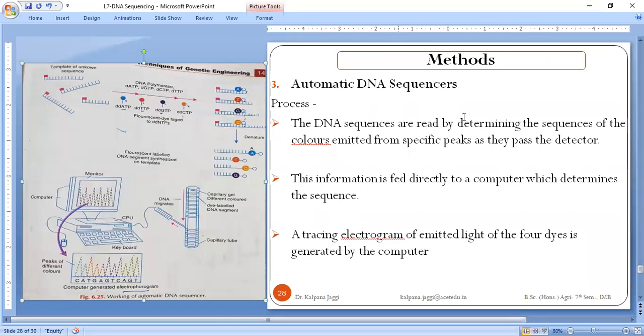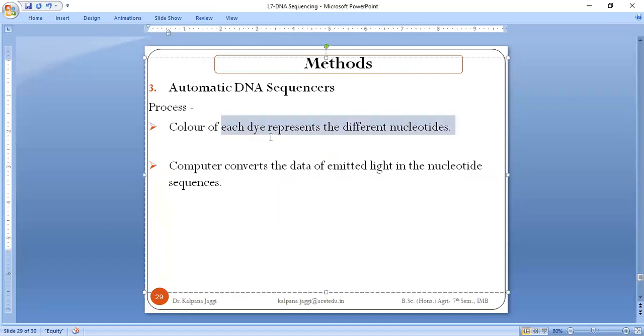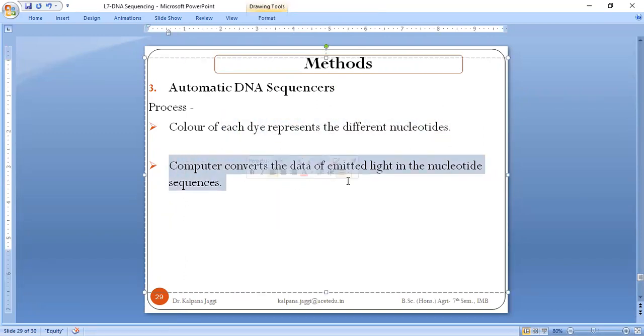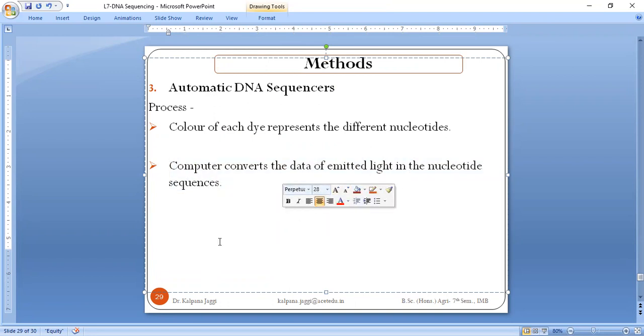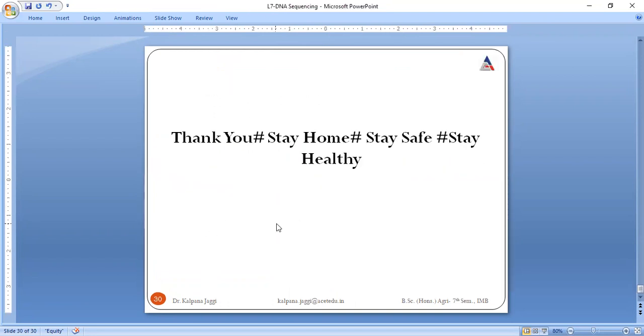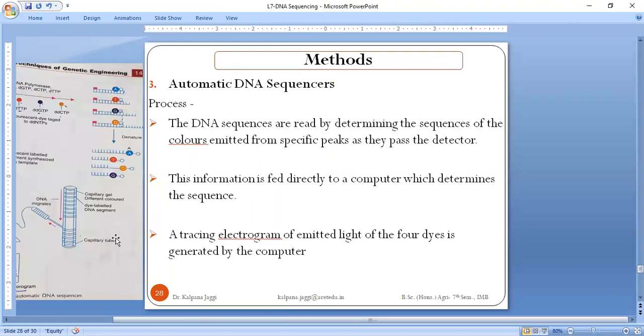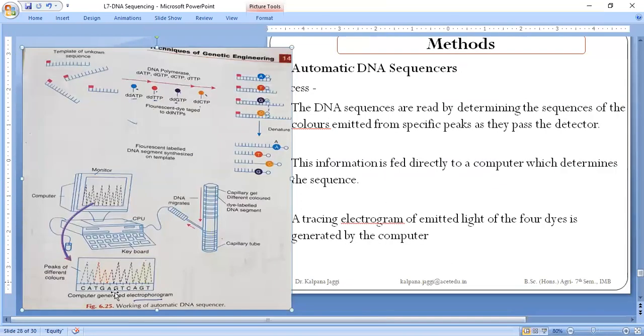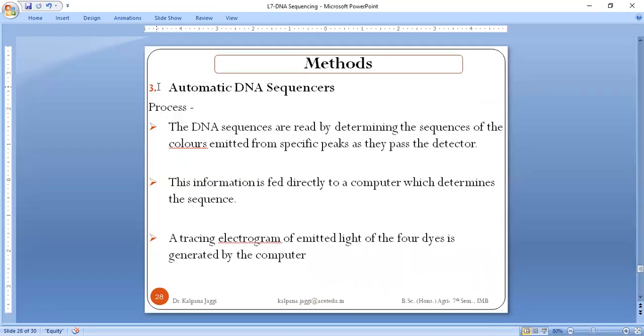So this is the way the color of each dye represents a different nucleotide, and the computer converts the data on the basis of the light that is present into nucleotide sequences. In this way, we are capable of analyzing the sequence C, A, T, and so on, right? So these are the three methodologies by which we could go for the sequencing of the DNA.